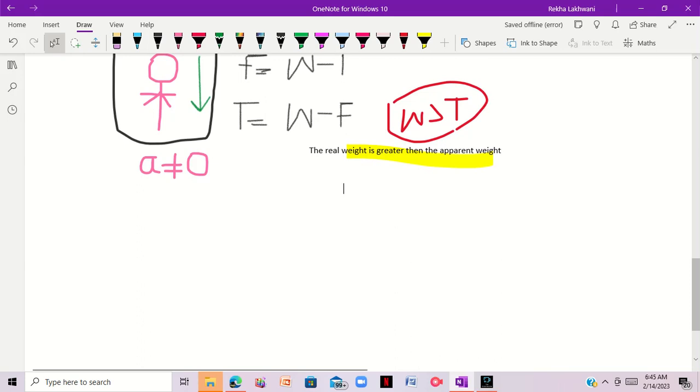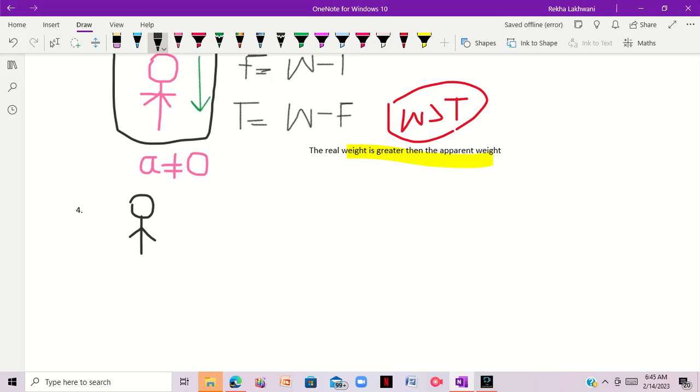Basically this is free fall motion. For example, there's a body and it has jumped from a hill or something and it is coming downward, and this is the free fall motion.